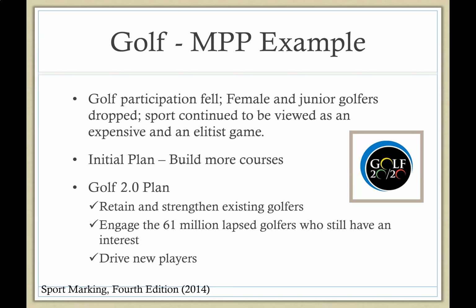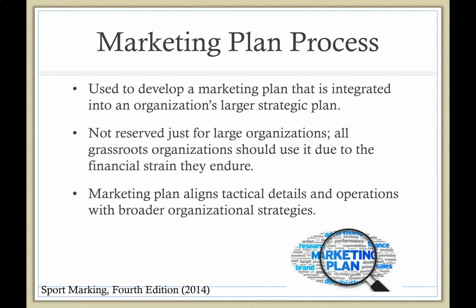So the rethought plan was to retain and strengthen the people who already play golf, and to come up with a way to engage the some 61 million people who still have some kind of passion or interest in golf, and to figure out a way to drive new players to the game. So this marketing plan process is just a part of an organization's bigger plan.